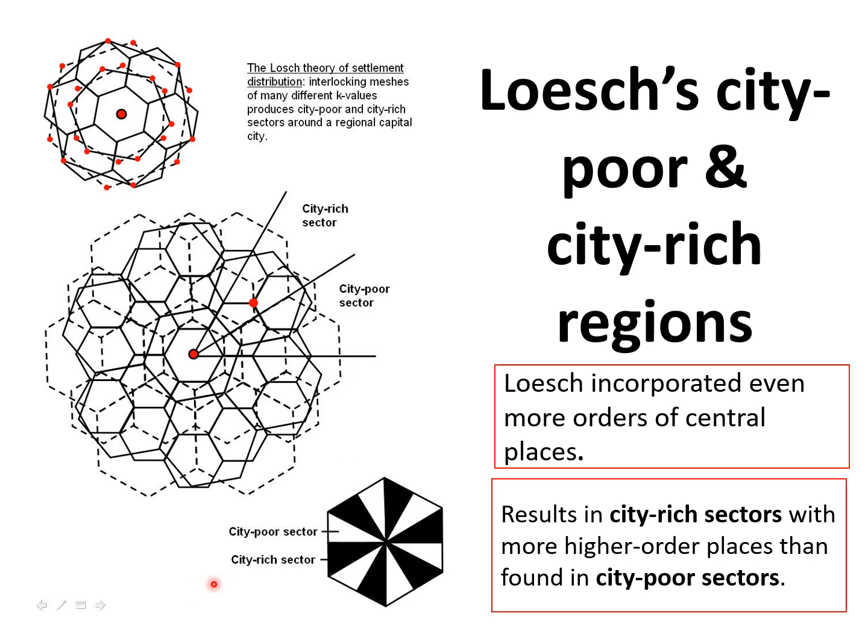So it ends up with sort of this kind of pattern. Up here, we can see that if we draw pie slices narrowly enough, some of these pie slices would have more central places in them and some would have fewer. And here's an example that has one, two, looks like maybe 3 different kinds of central places.